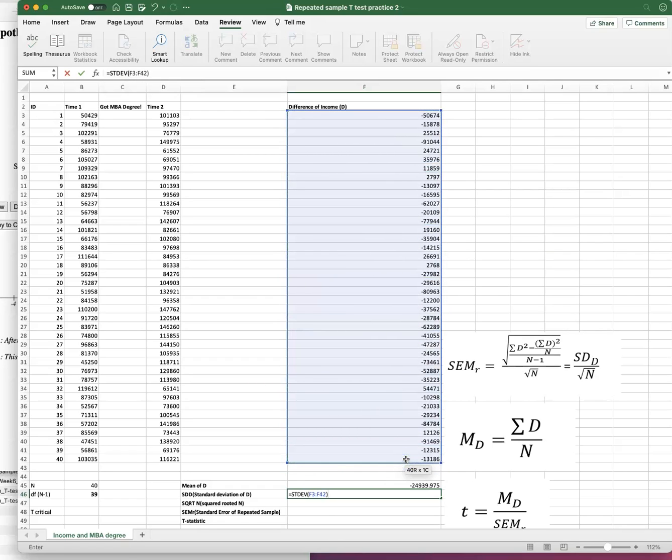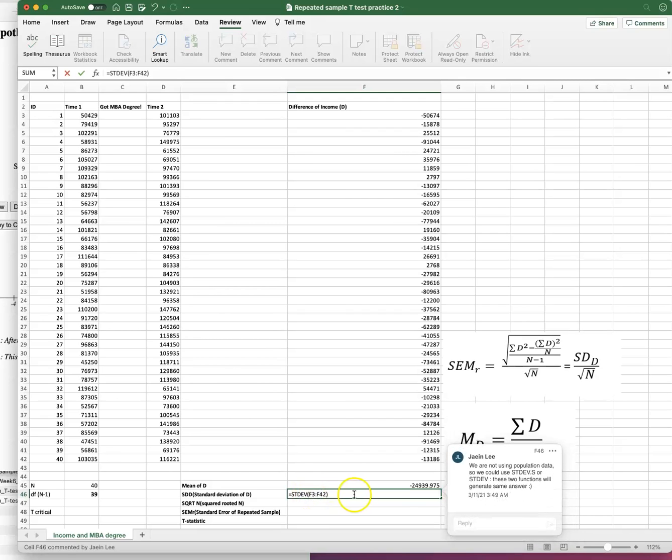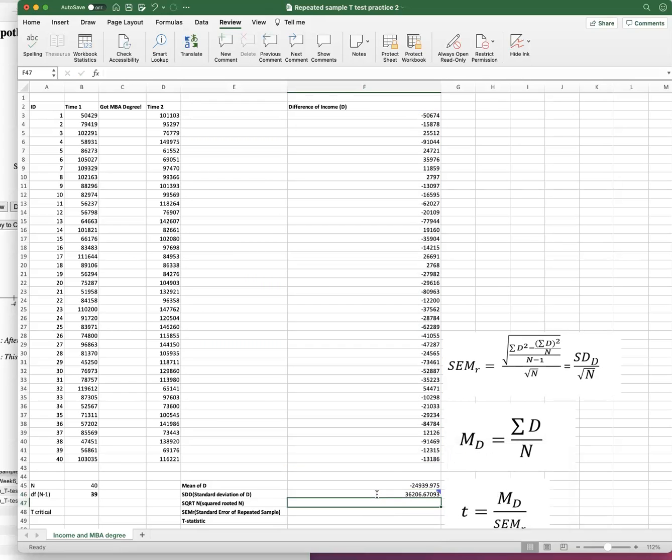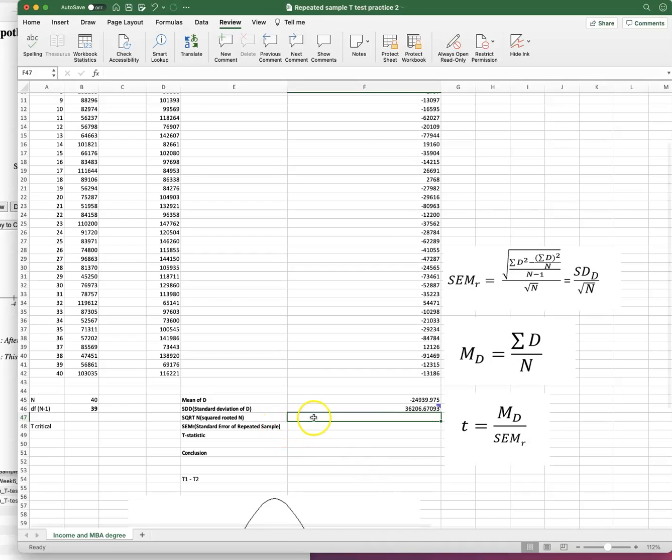So STDEV just by itself and STDEV.S will generate the same number, so you don't need to worry about the differences. And then square root of the n. So we are finding this part. Okay, just SQRT of the n, not degrees of freedom.